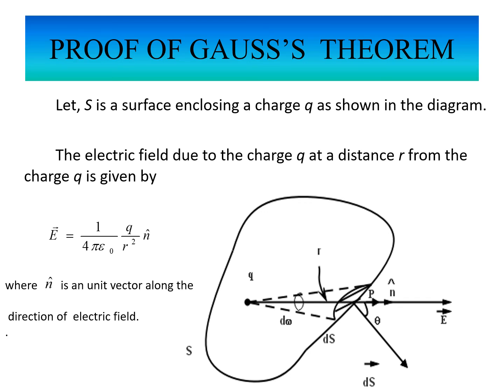and in the vector form, we can write E vector is equal to 1 by 4 pi epsilon naught q by r square into n unit vector, where n unit vector is a unit vector along the direction of capital E vector.